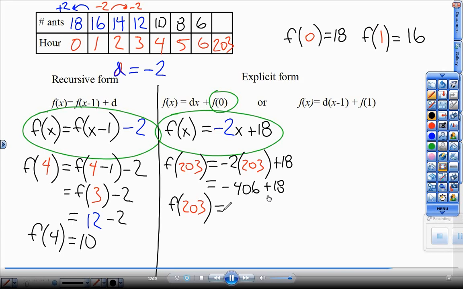Or subtract these two, keep the negative sign because there's more negatives. That -388 goes right up in that blank spot.